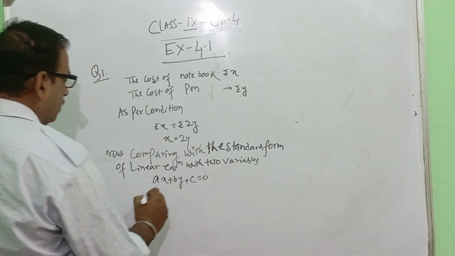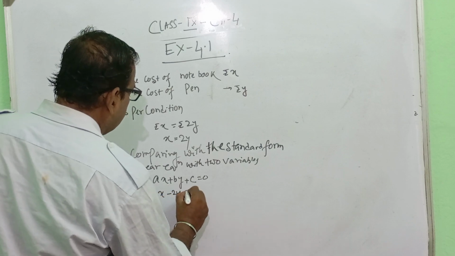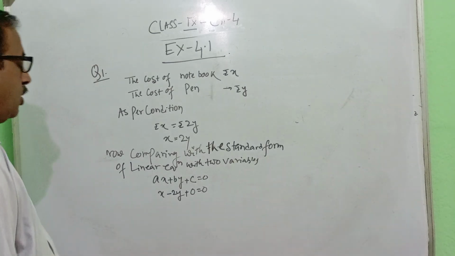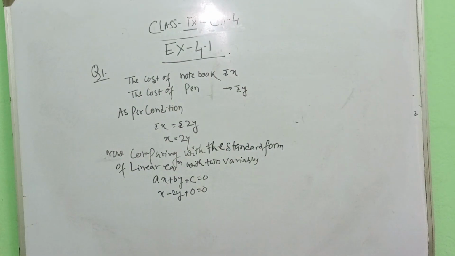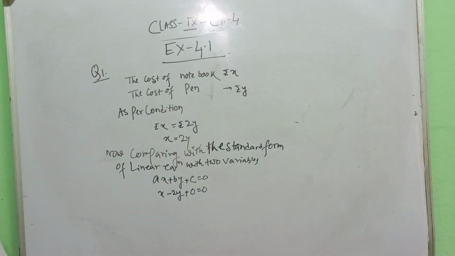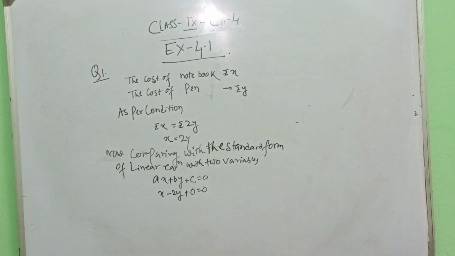Now this one: x minus 2y plus 0 is equal to 0. So this is the equation of the line. Write the linear equation in two variables to represent this statement. Is it clear that?